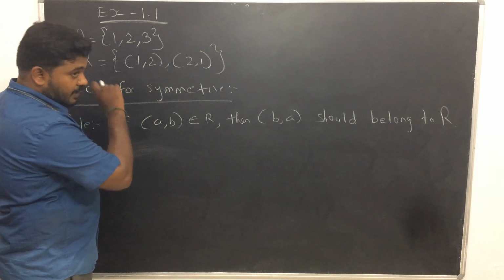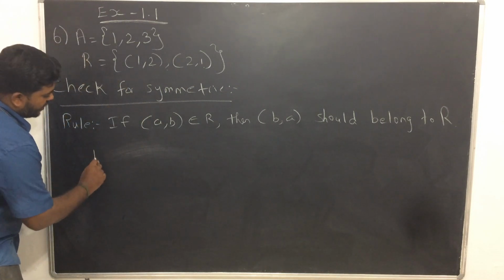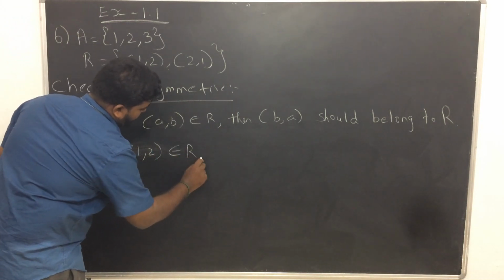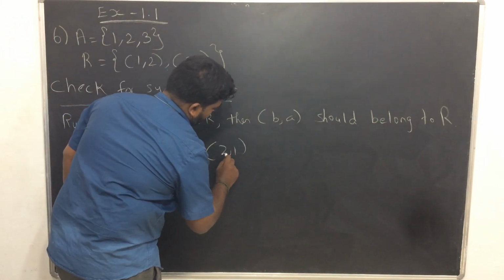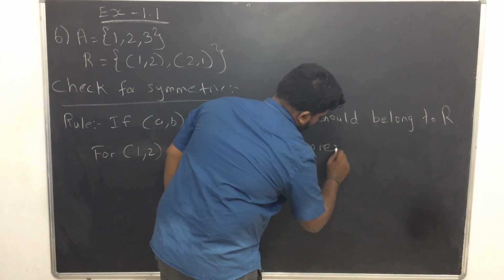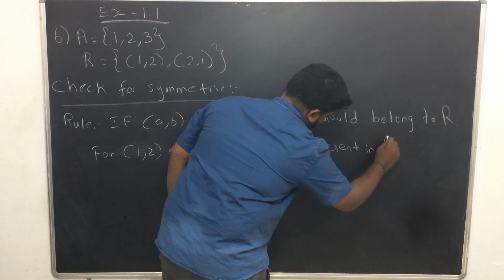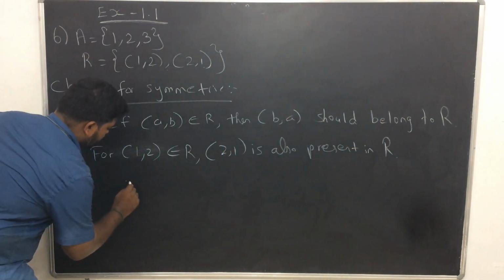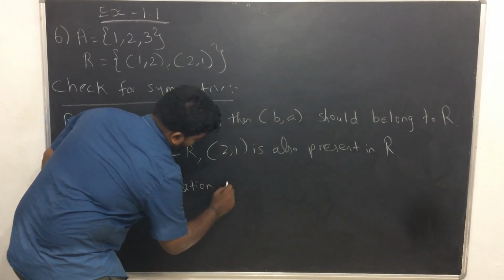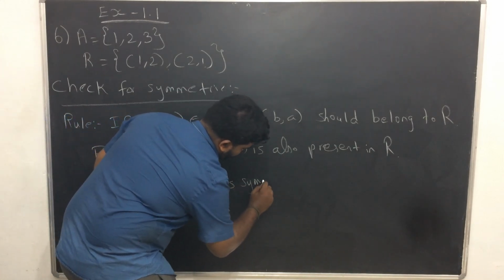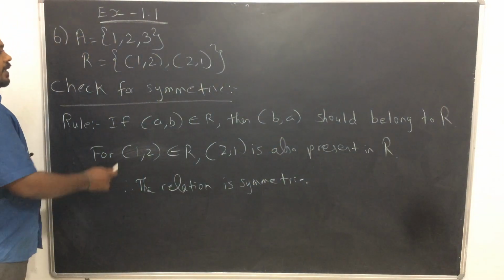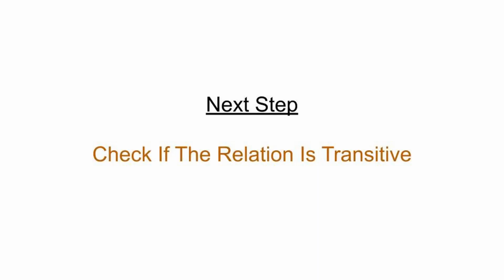So this relation is symmetric. How do you write? For (1, 2) belonging to R, the ordered pair (2, 1) is also present in R. Therefore the relation is symmetric. Very simple, right? Easily proved.